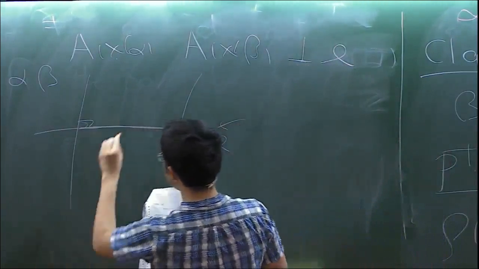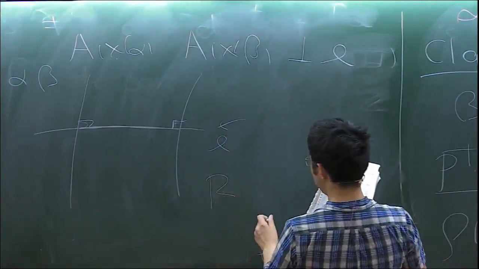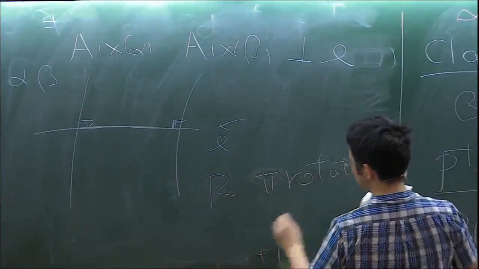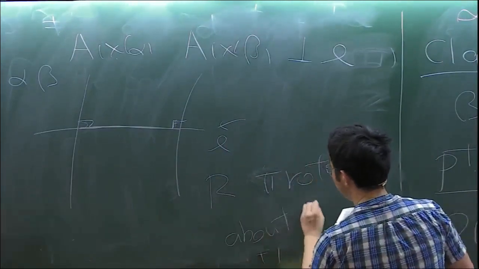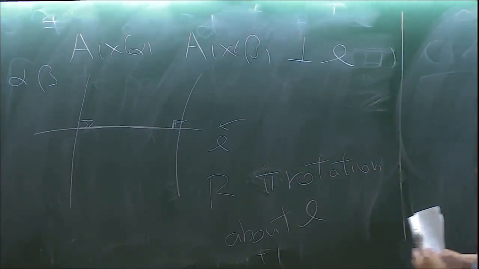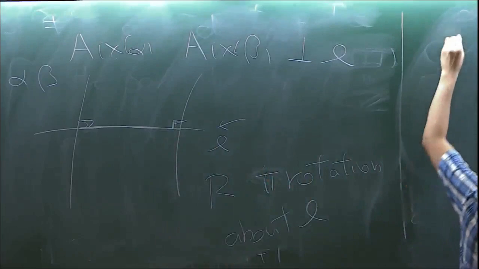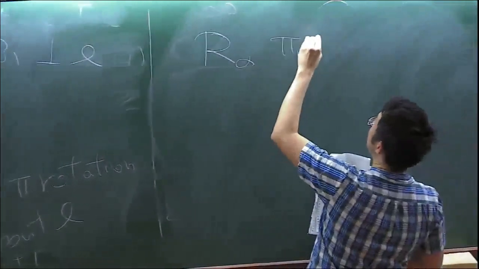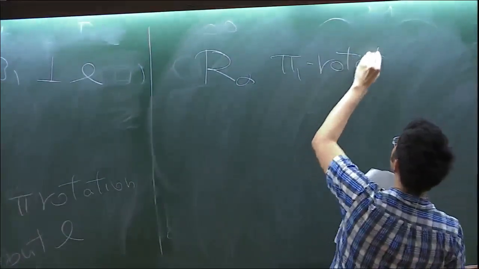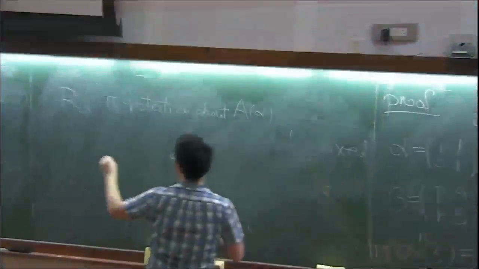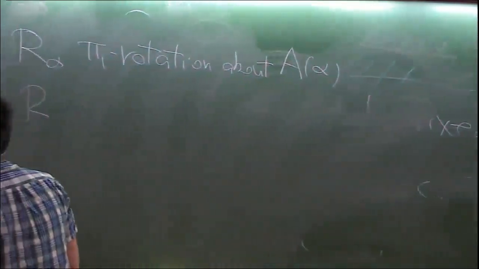And then we have the rotation R, which will be the pi rotation about L. And then R alpha, pi rotation about the axis of alpha.